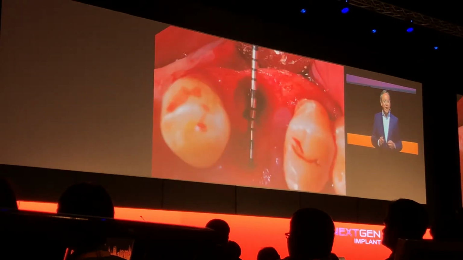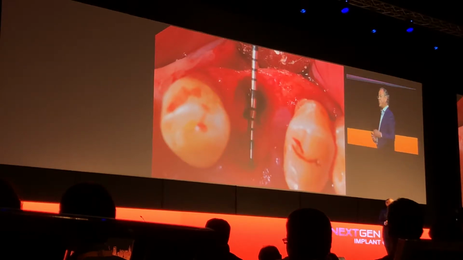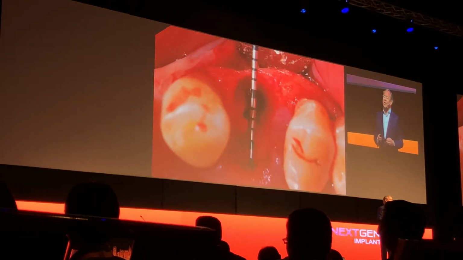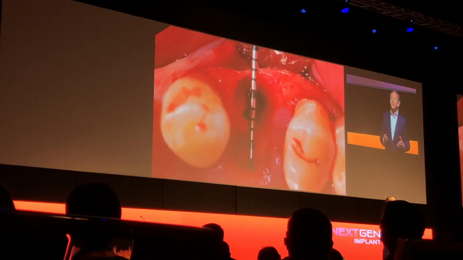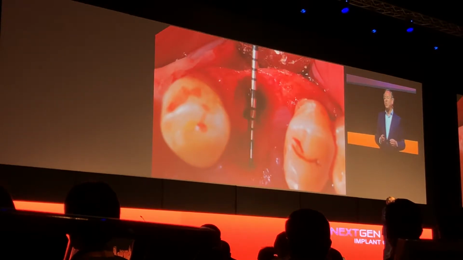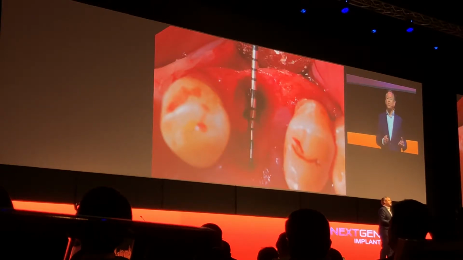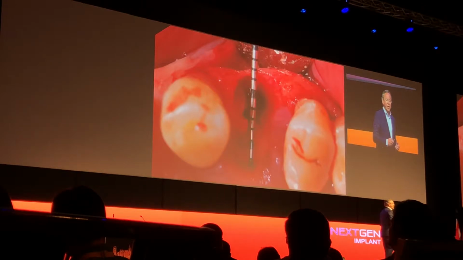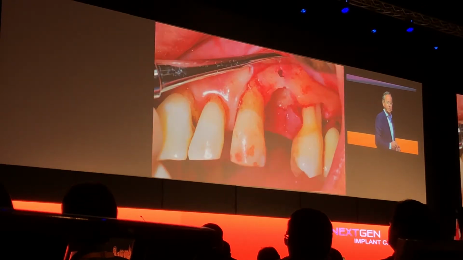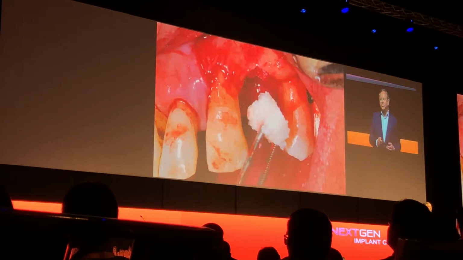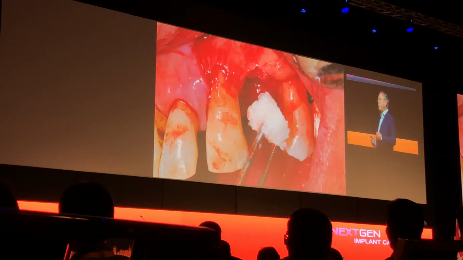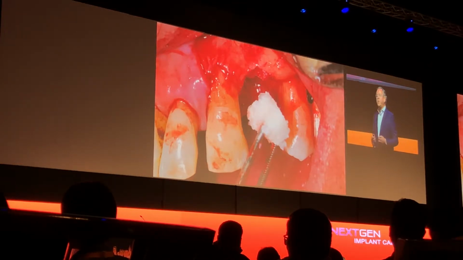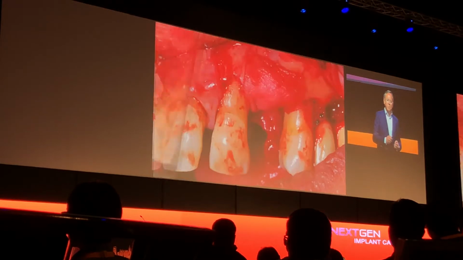And the problem I have is that I have a very thin buccal bone, and of course I have the floor of the sinus. So clearly, if I allow this to heal, I will lose the whole horizontal dimension, and of course I will have no space because I will need to do a sinus elevation. So in these situations, of course, again, I'm going to use my slow resorbing biomaterial.